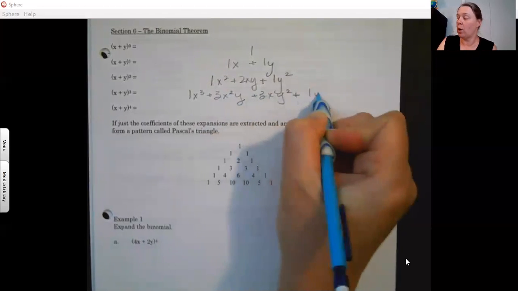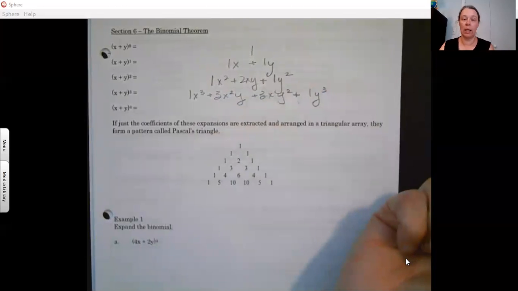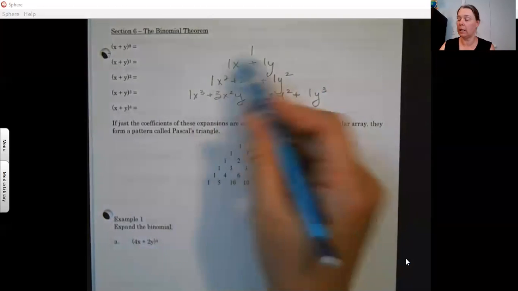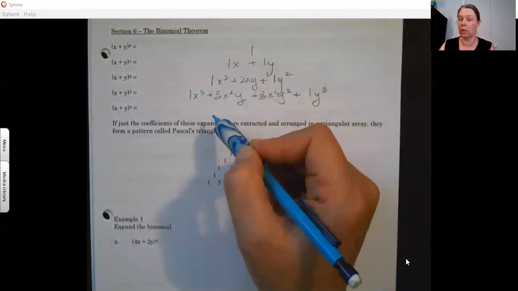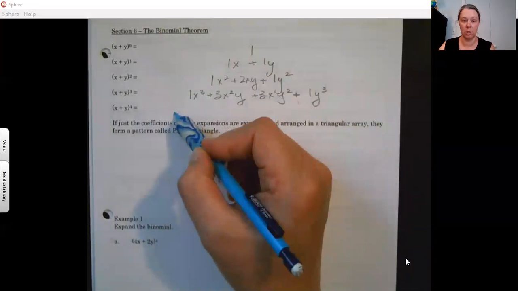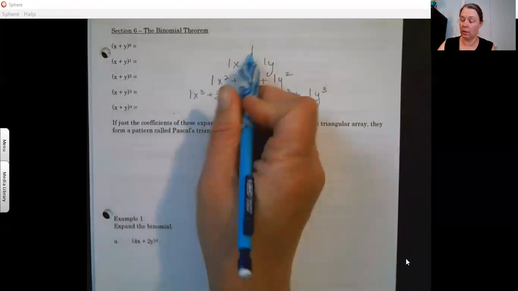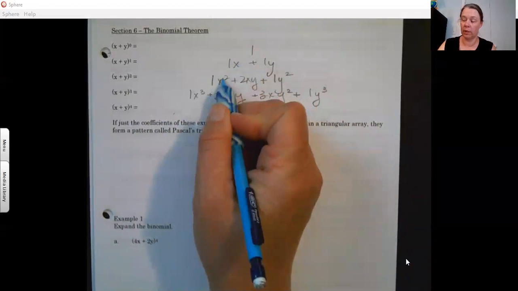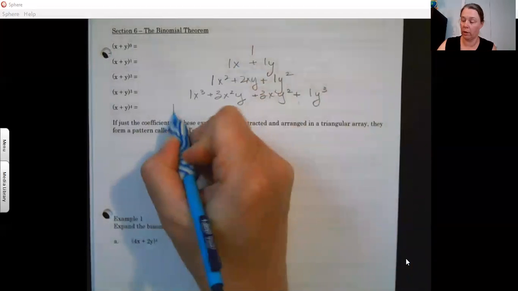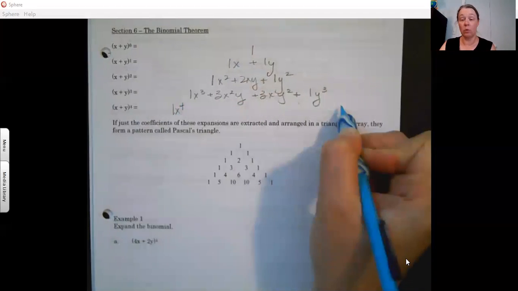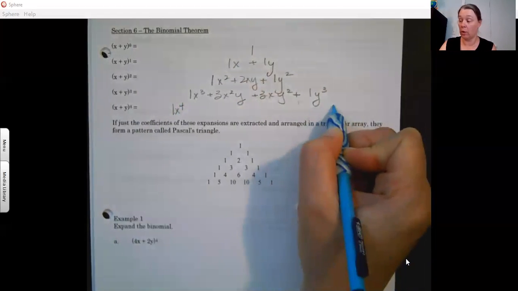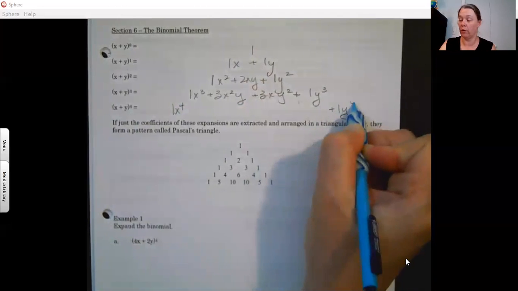You might be wondering why I know these. How can I get these so quickly? Start looking at these and see what patterns you're noticing. Could you guess what this first thing is going to be? I know it's going to start with an x to the 4th, and end with a 1y to the 4th.